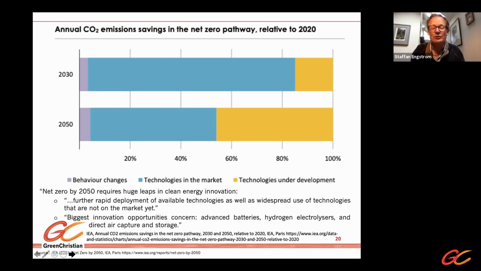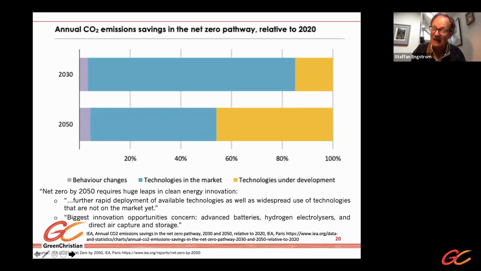The biggest innovation opportunities concern better advanced batteries and hydrogen electrolyzers, that's electrolytic fuels, taking water and splitting it into hydrogen and oxygen with clean electricity, and using that hydrogen to power what we do.